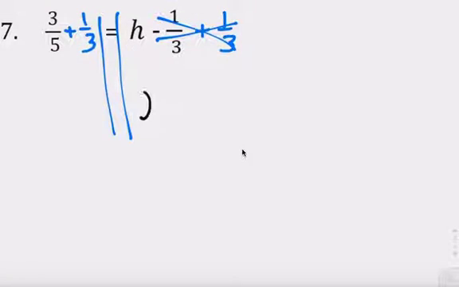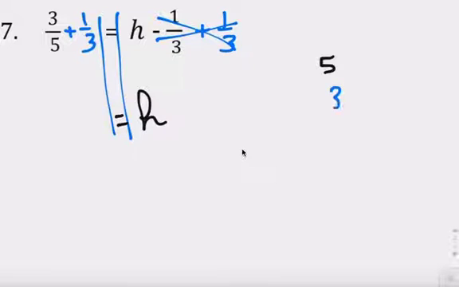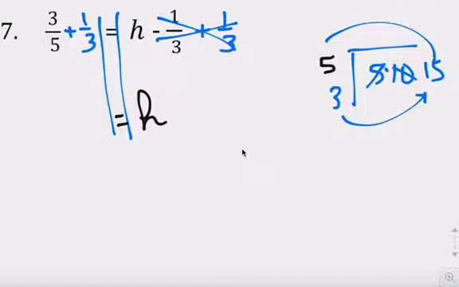You have h equals, common denominators 5 and 3. What goes into both? Start with 5. Well, 3 can't go into 5, so 5 isn't going to work. 10, 5 can go into 10, but 3 cannot, so 10 will not work. 15, 3 can go into 15, and 5 can go into 15. So your least common denominator is 15.